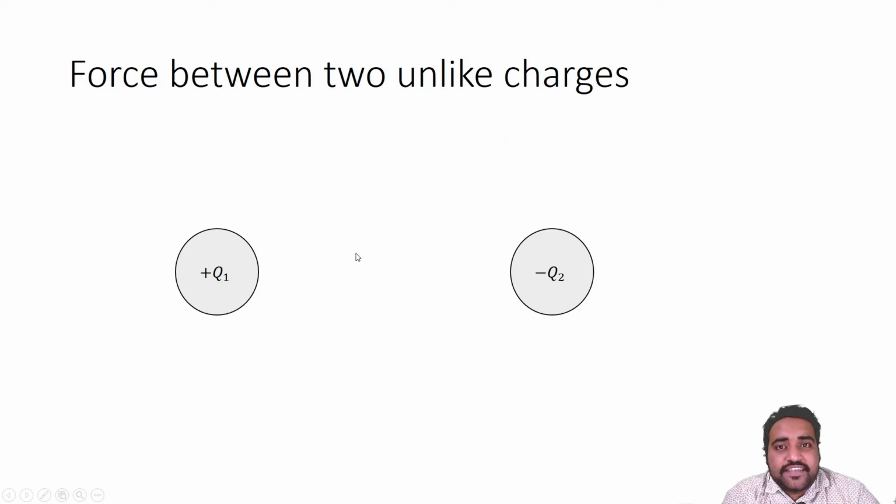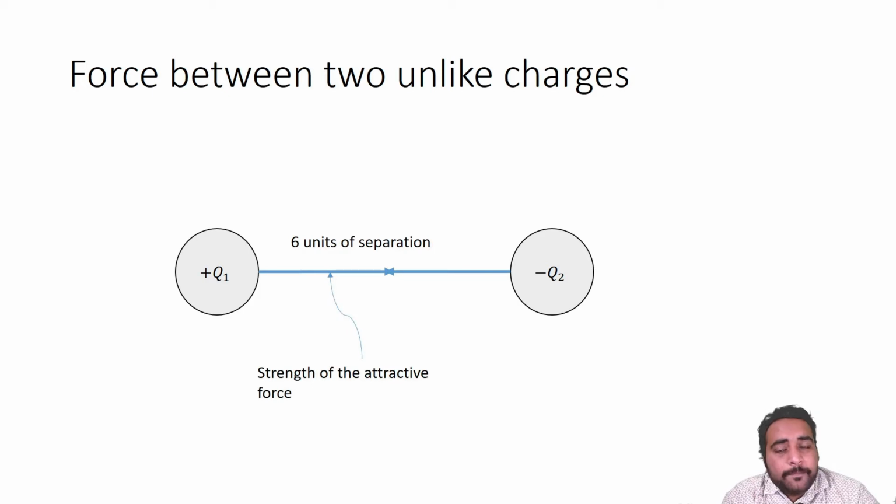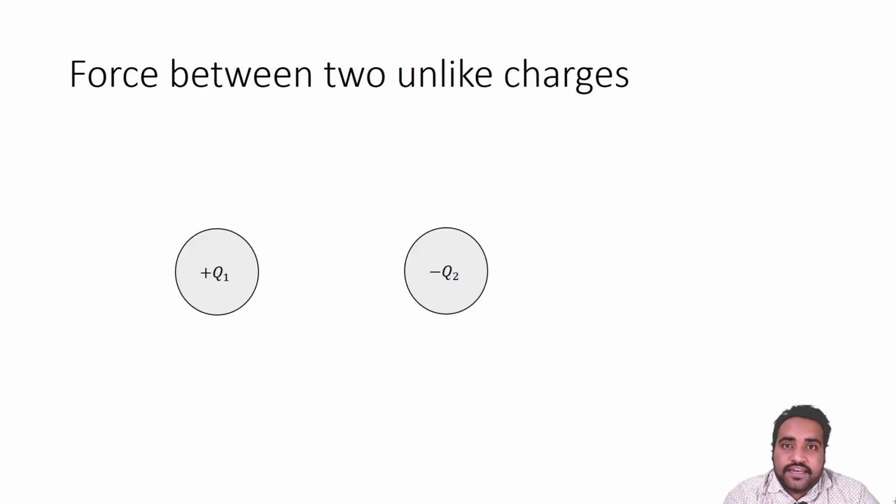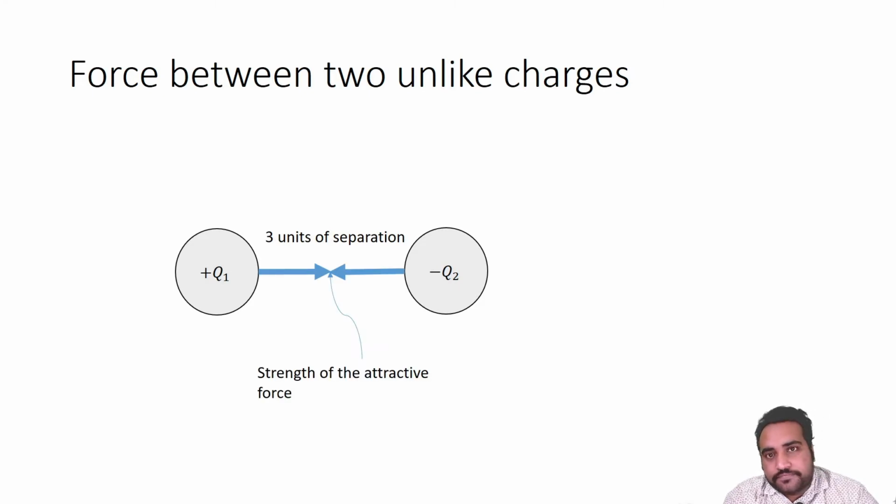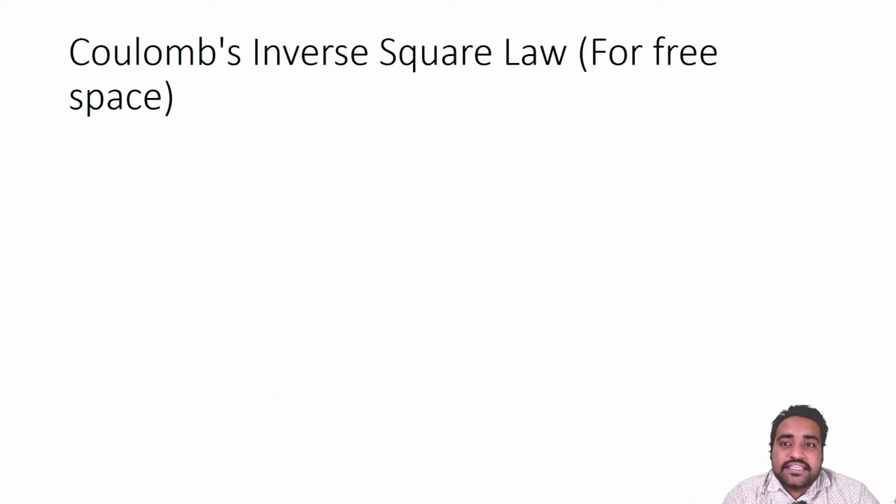Now, if these charges are put at larger distances, that is, if the separation between these charges is increased, still there would be an attractive force, but not as strong as the earlier. What if the distance is made smaller? That means there will be very strong attractive force between them. So these are quantified.